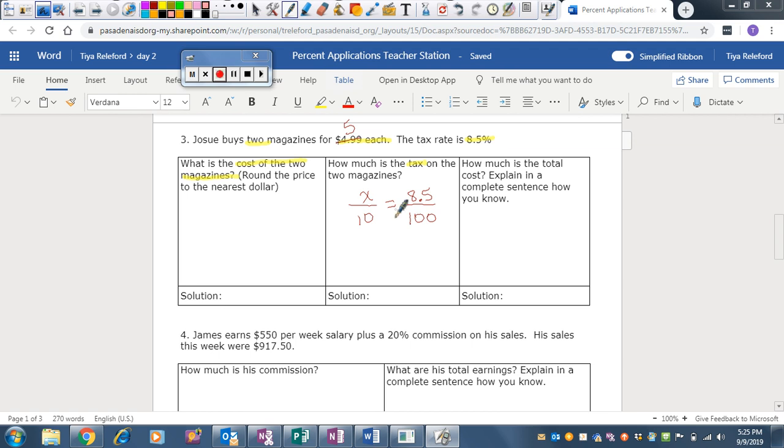Now when you solve, you have 100 times x and 8.5 times 10. Then you divide each side by 100.